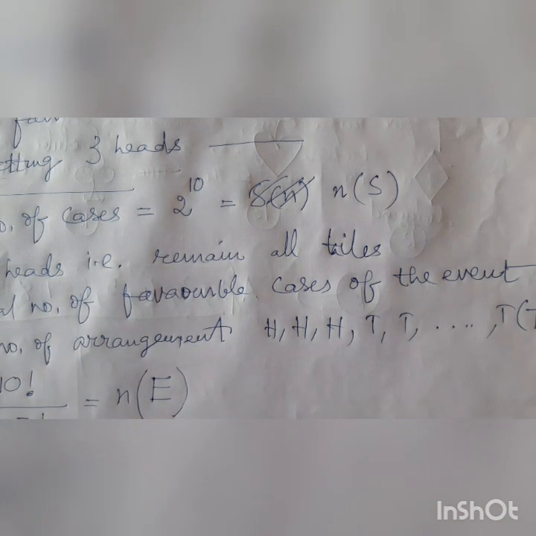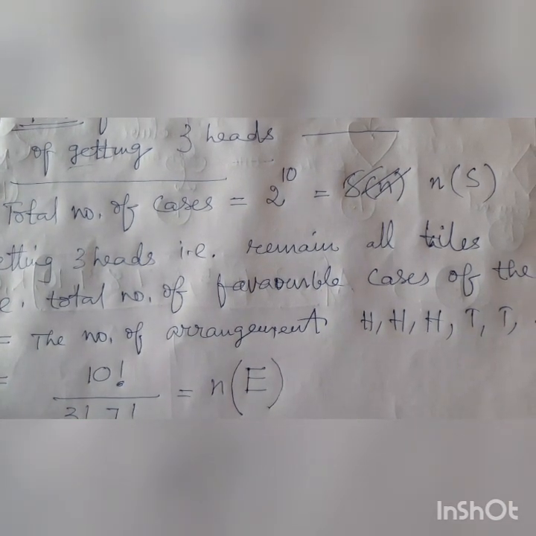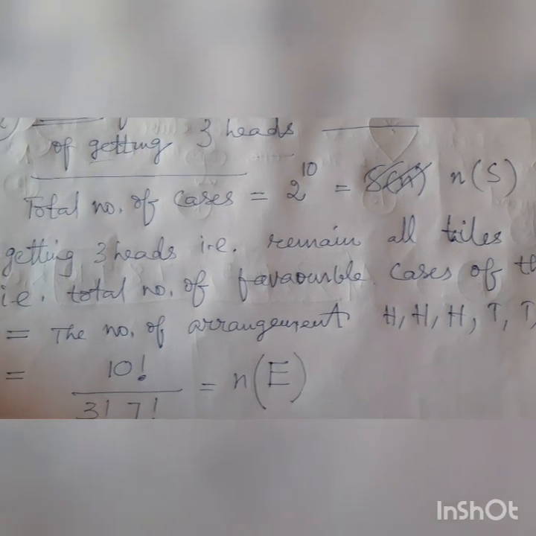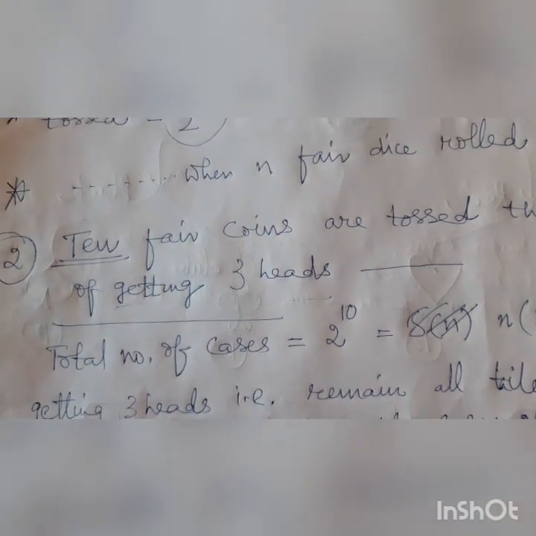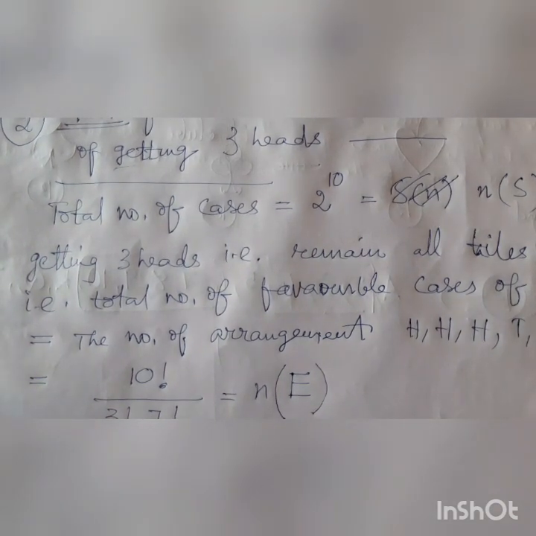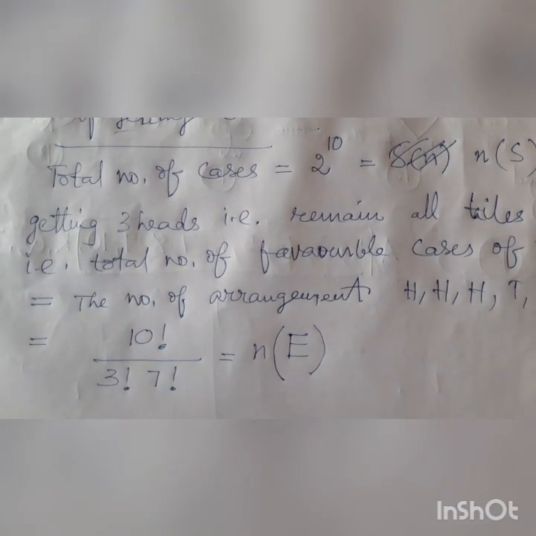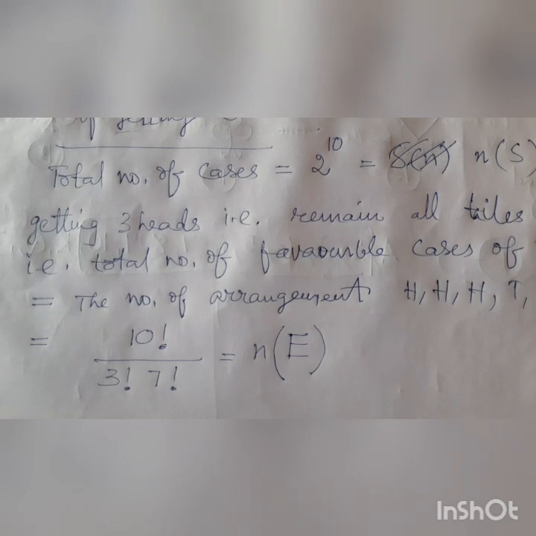For this, how to write in permutations? In permutations, we write 10 objects, that is 10 coins, because 10 fair coins. So 10 factorial by 2 groups. What are the 2 groups? Heads and tails.